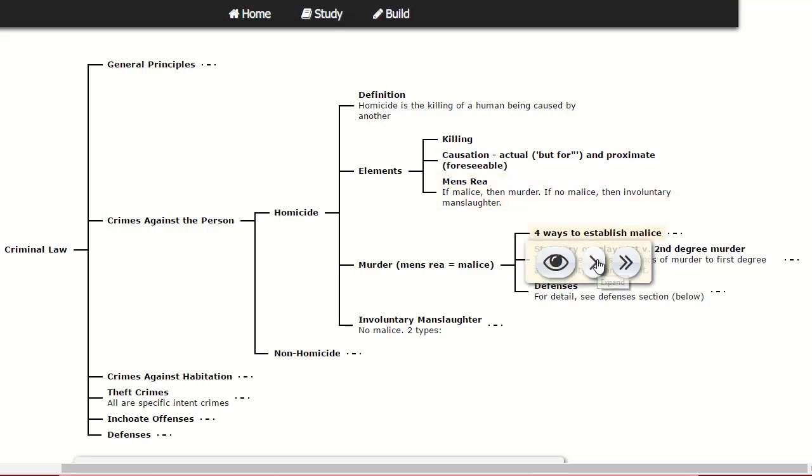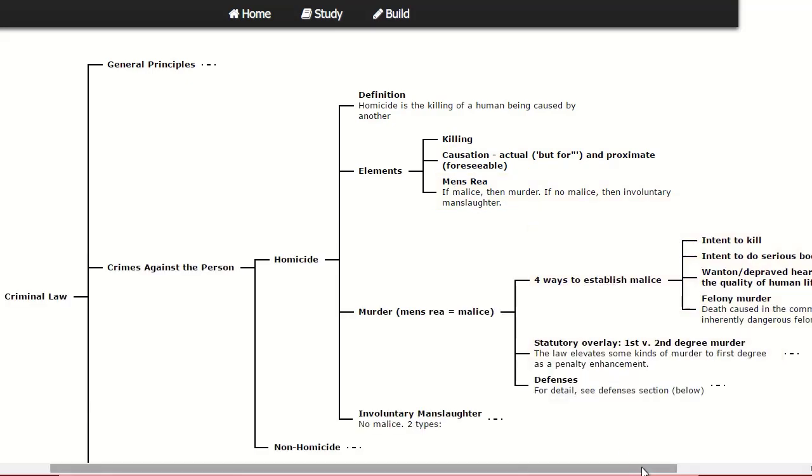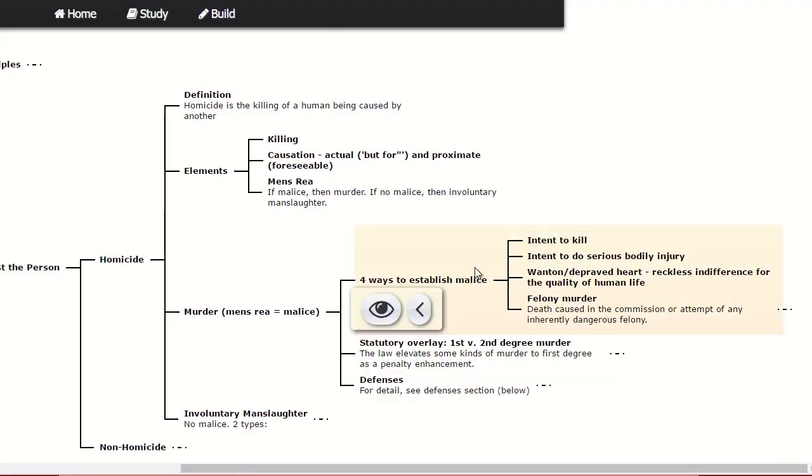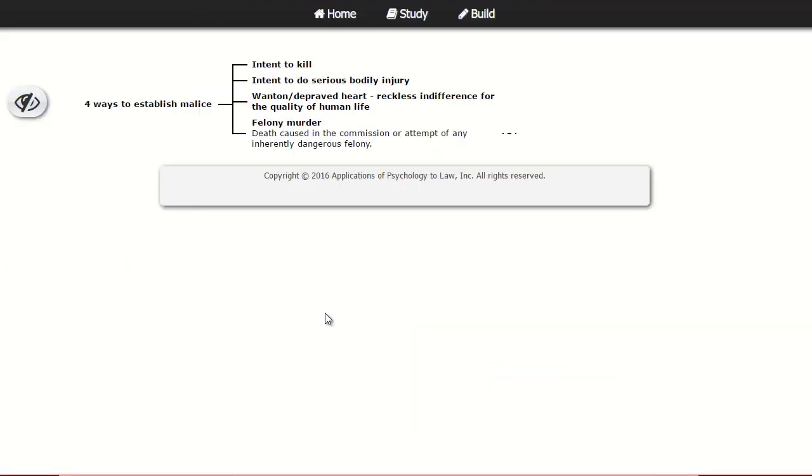And the big thing is the 4 ways to establish malice. This has to be in your book. The 4 ways to establish malice are: intent to kill, intent to do serious bodily harm, wanton depraved heart, and felony murder.